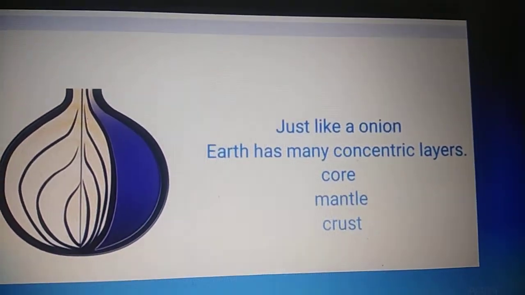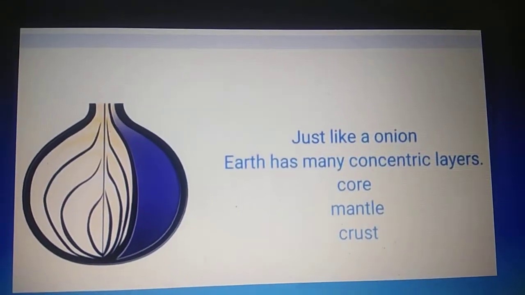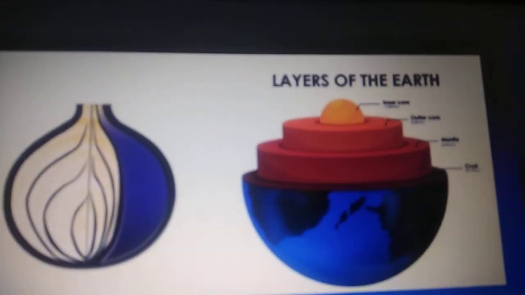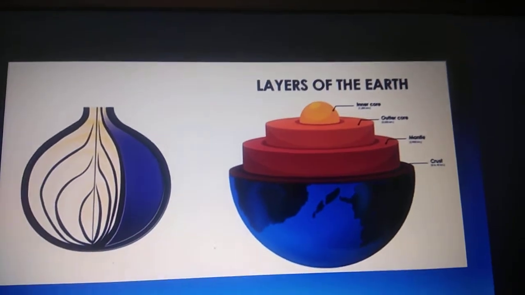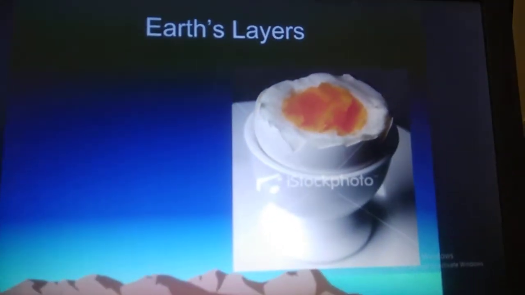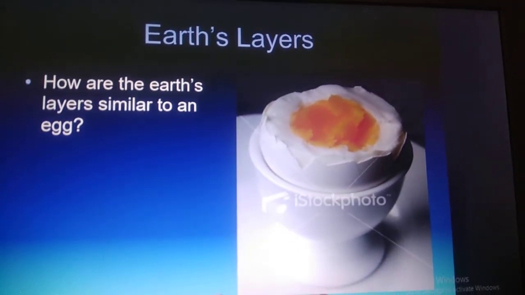Children, just like an onion has many concentric layers, so does our earth have these layers. You can see here, these are the layers of the earth, one inside the other. These are concentric layers, just like an onion. We can also compare it to a boiled egg.